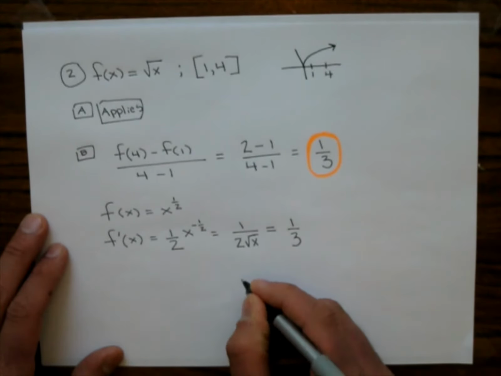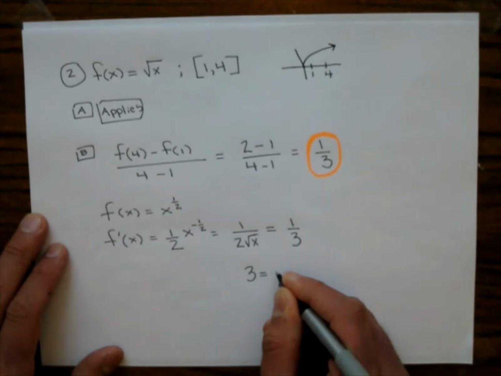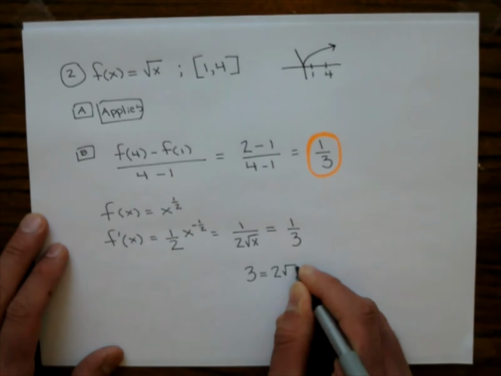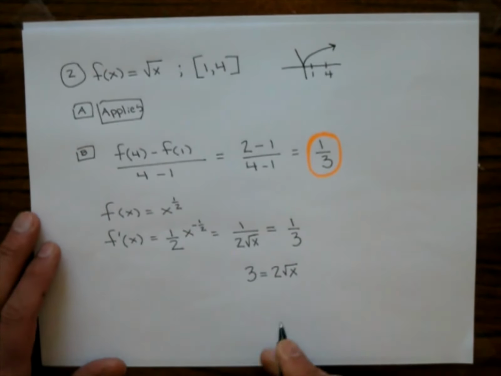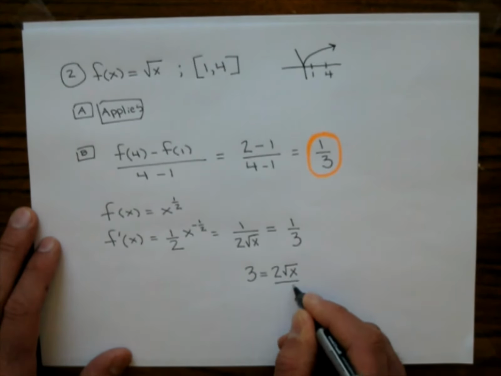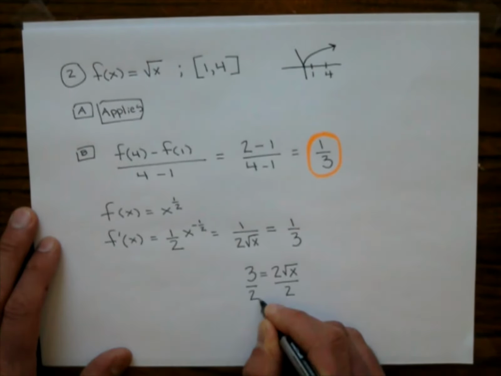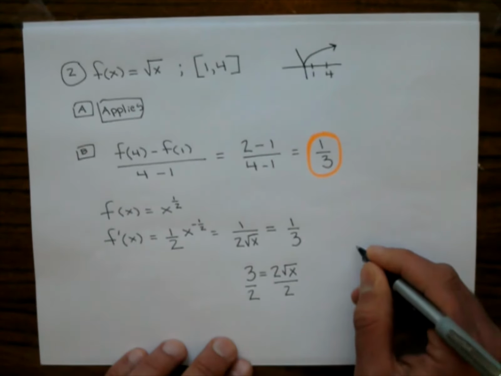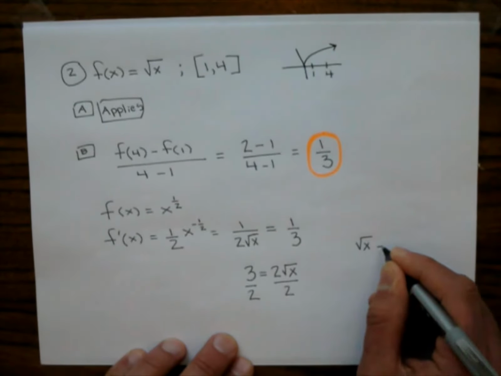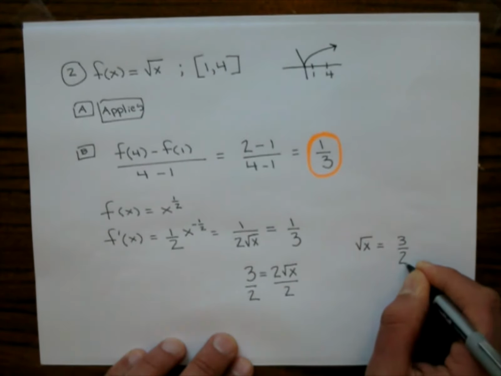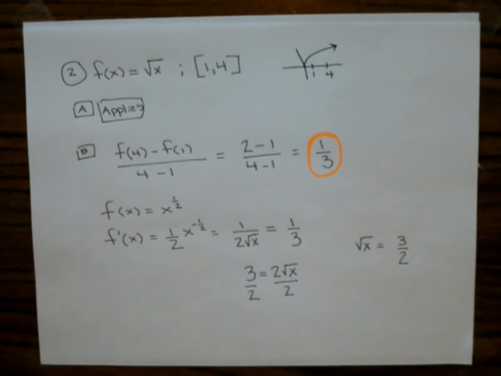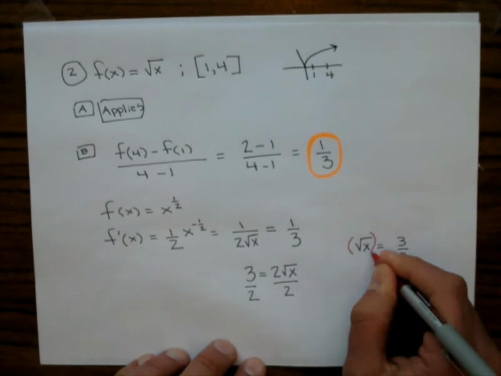So I'm going to cross multiply. I'm going to divide by 2. And so let me rearrange this equation so it says root x equals 3/2. Then what I'm going to do is square both sides.